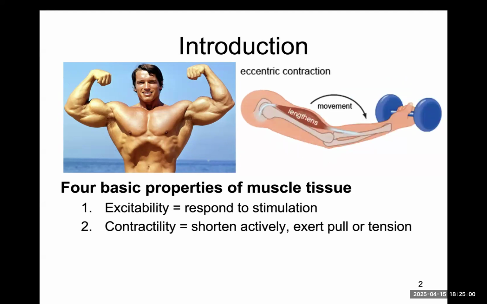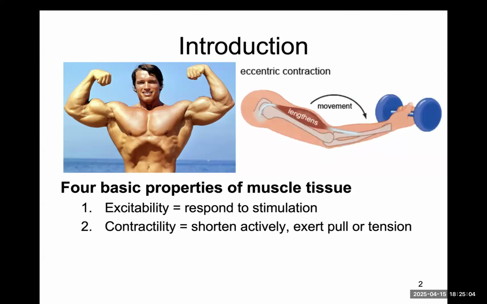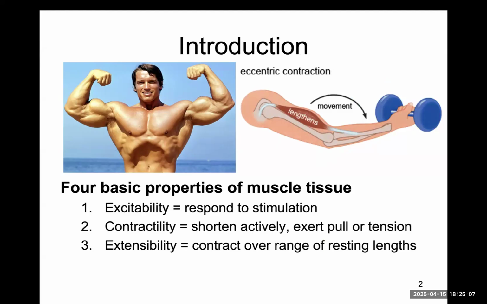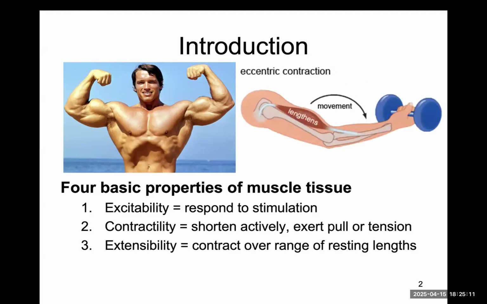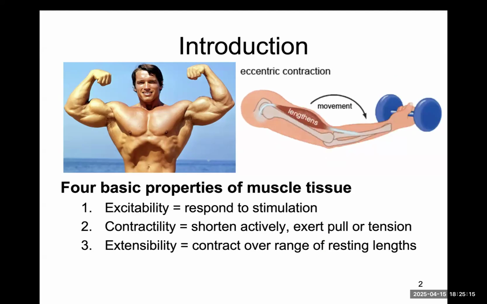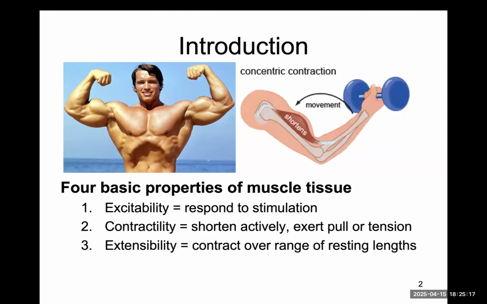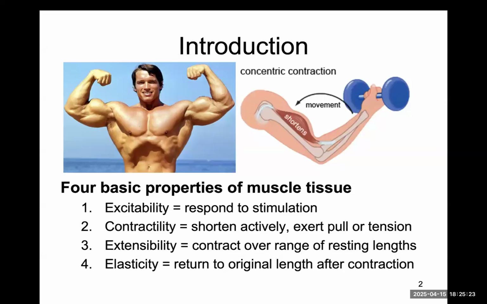We can look at the science of this and figure out how exactly this happens. So they have extensibility, this is what I was saying earlier. Depending on extensibility, they contract over a range of resting length, so either long or short. And then elasticity is that they are able to return to their original length after contraction.